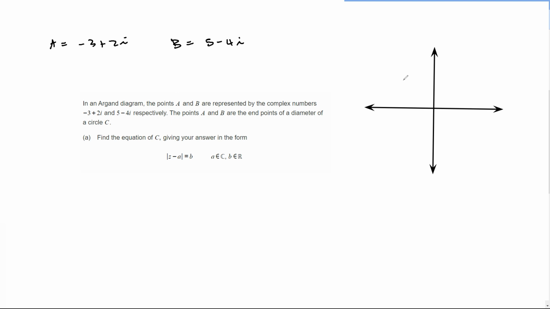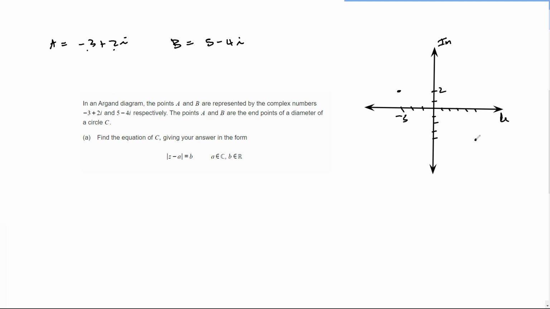So let's plot this out, right? We got our imaginary component here, we got our real component here, and we can see our real -3 left and 2 up. So 1, 2, 3, and 1, 2 up there. And on this side here, I got 5 to the right and 4 down. 1, 2, 3, 4, 5, and 1, 2, 3, 4 down.